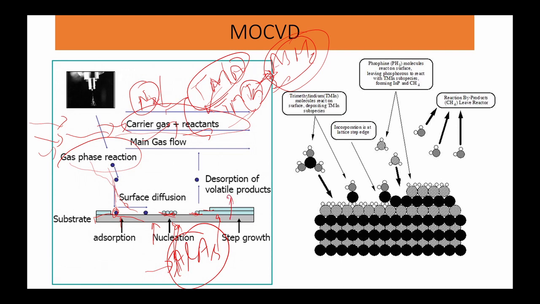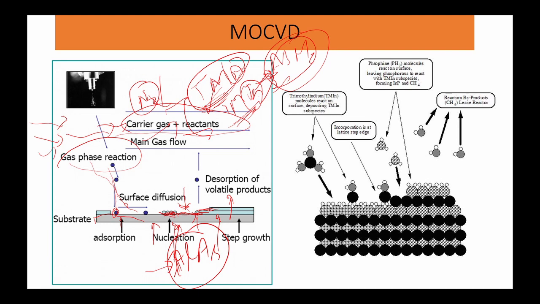Another thing, after the reaction of this TMA with the substrate or with the layer, this is the active layer. Whatever the other compound will react to this layer. So there will be a layer by layer growth. After the reaction of this TMA and TMIN, there will be products.